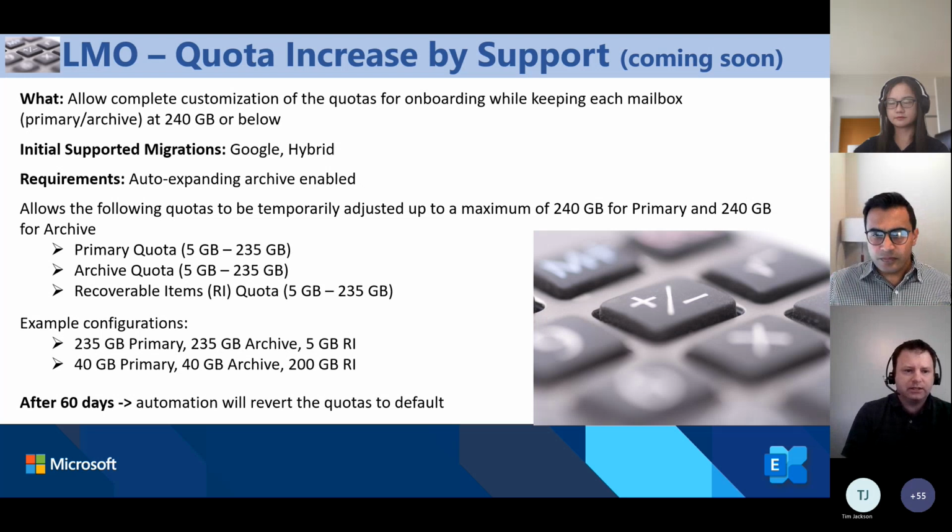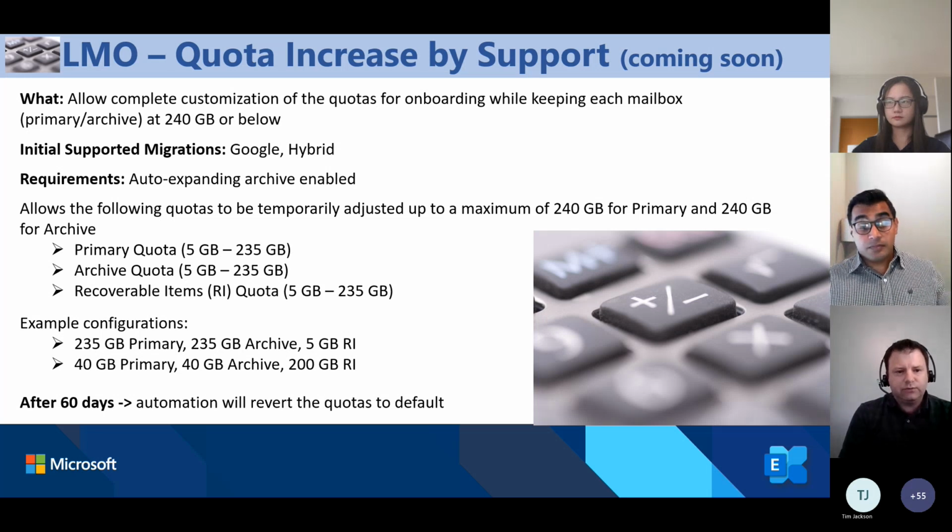The primary mailbox is one, the archive mailbox is a different mailbox. The recoverable items quota is shared between the two. So if we add extra to recoverable items quota beyond a certain amount, we've only got 240 gigs to work with, so we actually have to subtract from primary and archive quota.